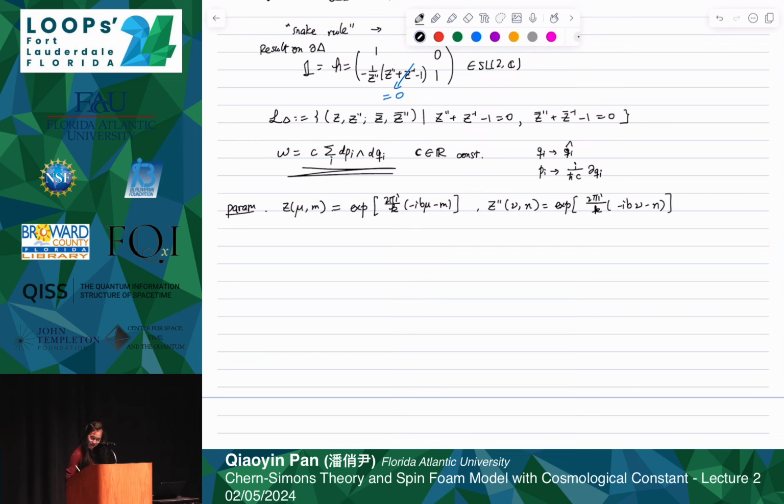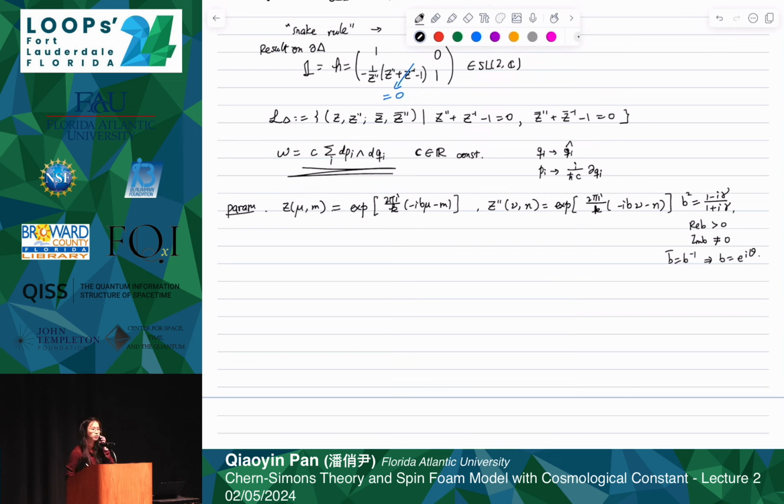This b is a function of the Barbero-Immirzi parameter in this way: b squared equals (1 minus i gamma) over (1 plus i gamma). You realize that the real part of b is larger than 0, and the imaginary part of b is non-zero. You also realize that if I take the complex conjugate of b, it gives me b inverse, which means that b is just a phase factor.